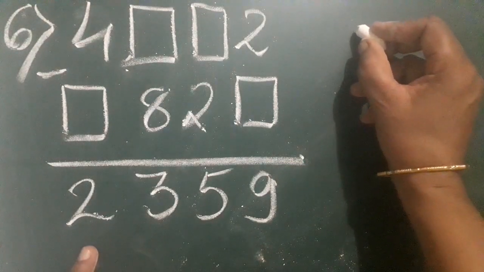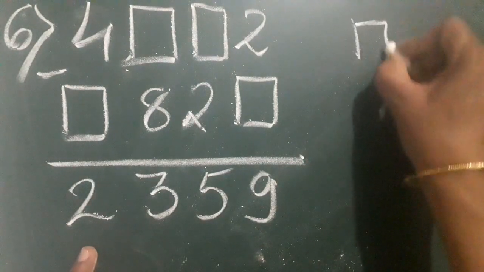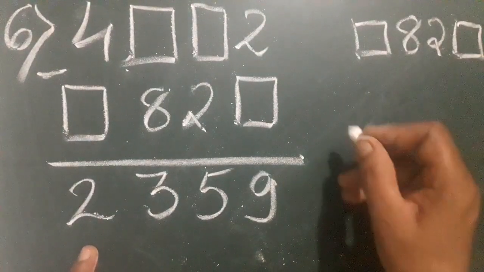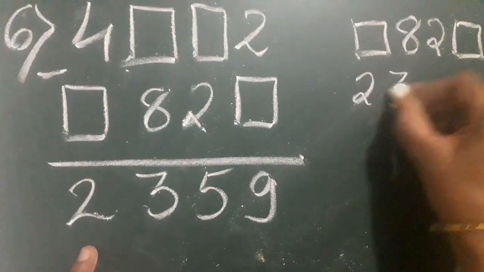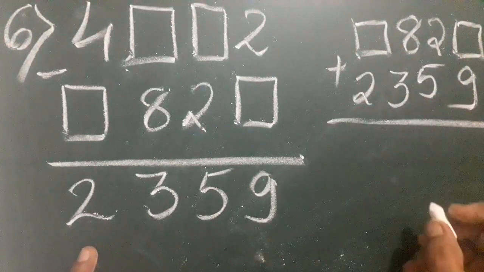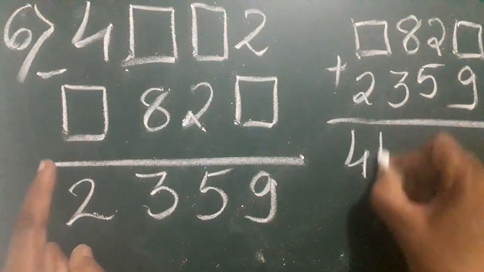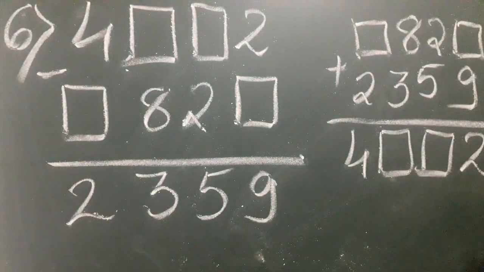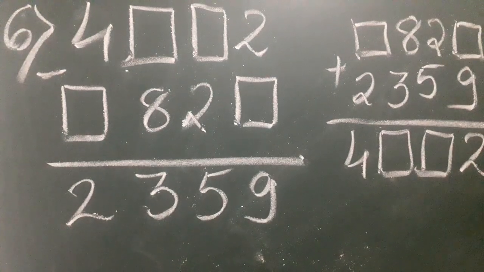So here I have box, 8, 2, box. Now here this is 2, 3, 5 and 9. When I add these two numbers, I should have it 4, box, box and 2. Fine. So now I will start with this part.